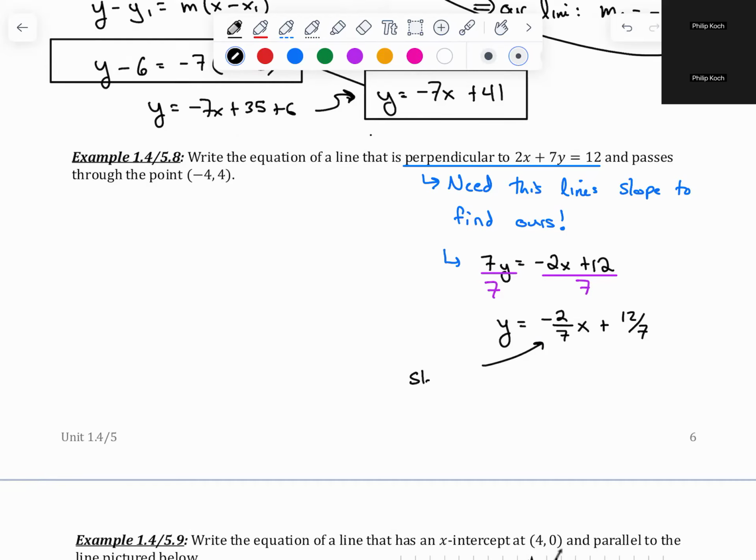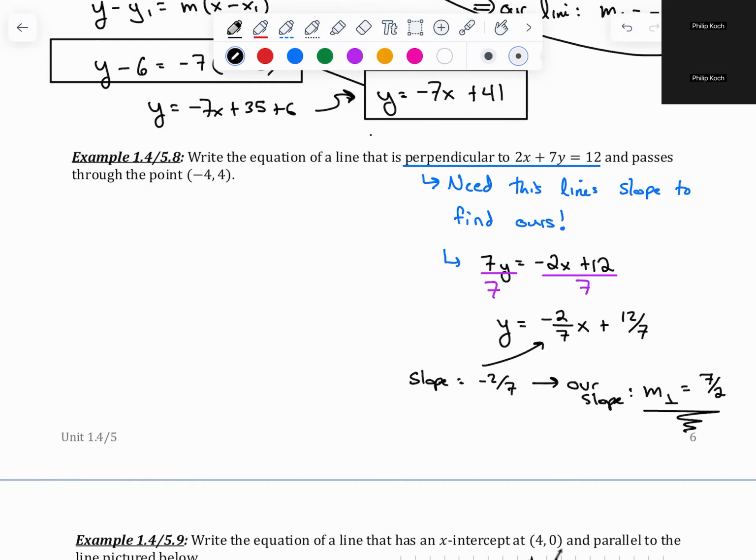The slope is -2/7, which means our slope, m sub perpendicular, is +7/2, because you flip the fraction and change the sign. That's the opposite reciprocal. So m sub perpendicular is our perpendicular slope, which is what we want.